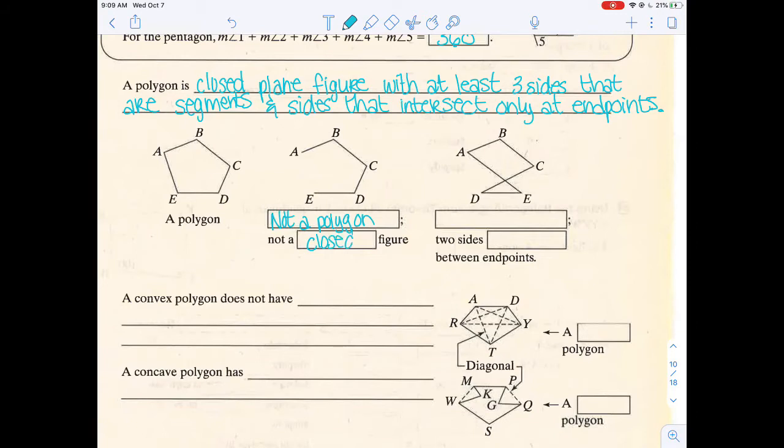It has that one side open right here. Okay, this third one is not a polygon because 2 sides intersect between endpoints right here. So that clears up what a polygon is.